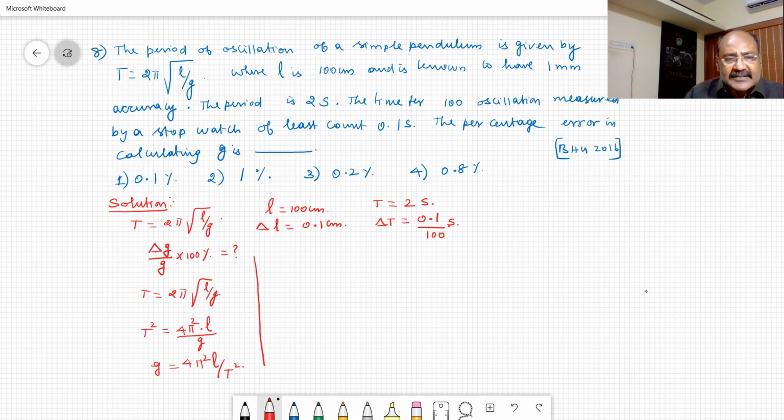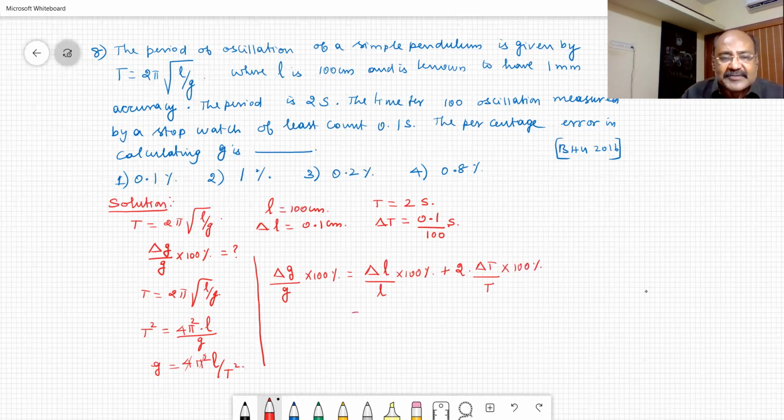Now for this you write delta G divided by G into 100% is equal to, on the right hand side we leave 4 and we leave pi square. So instead of L you write delta L divided by L into 100% plus, instead of T square you get 2 into delta T divided by T into 100%.